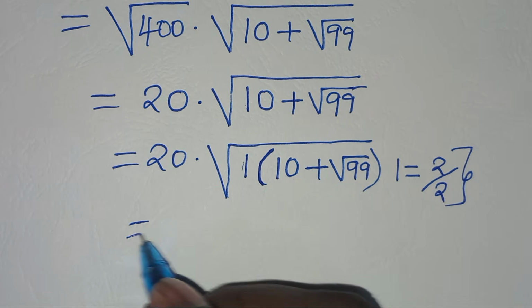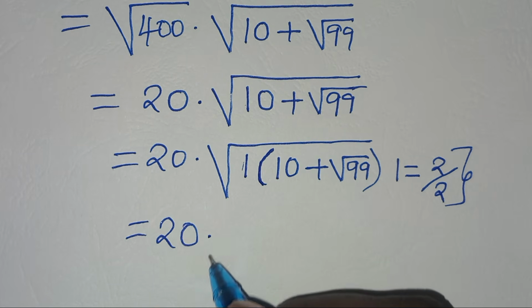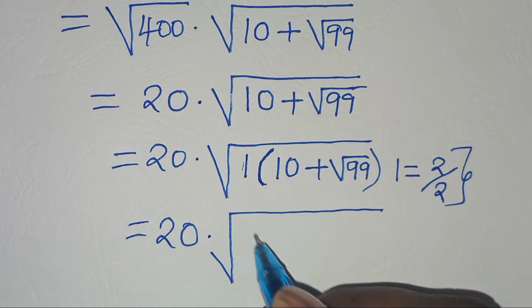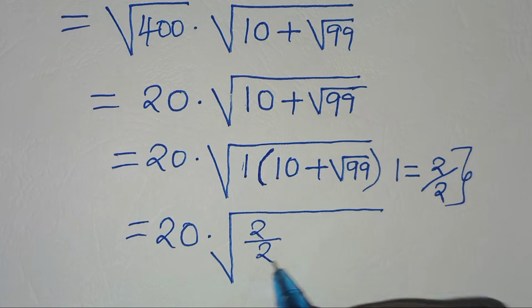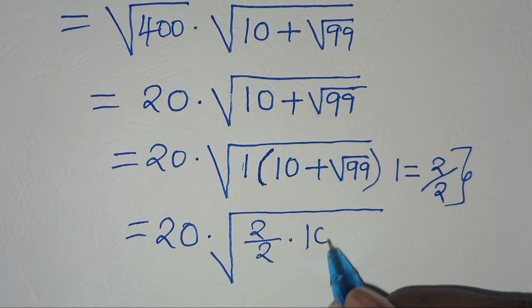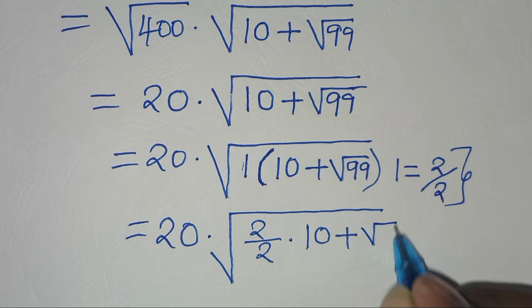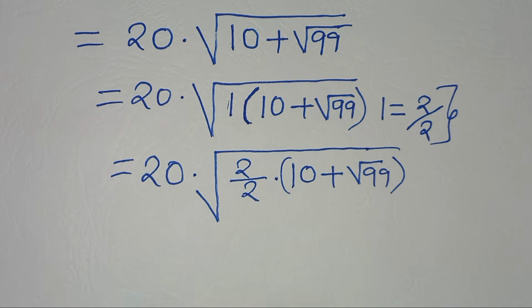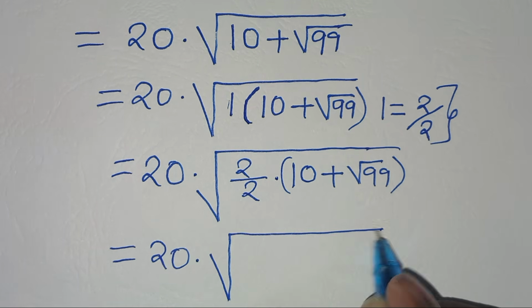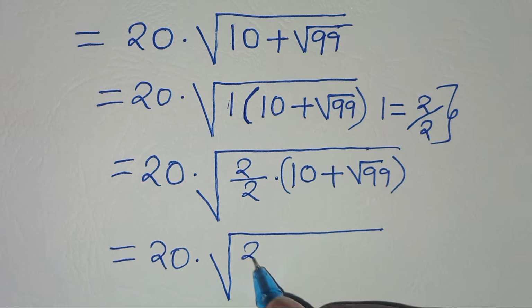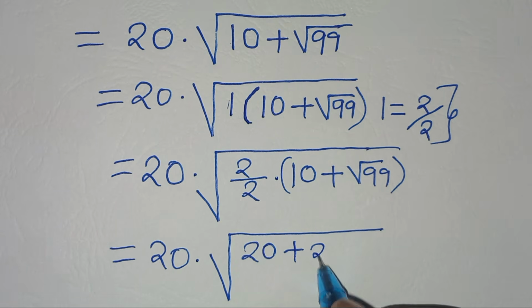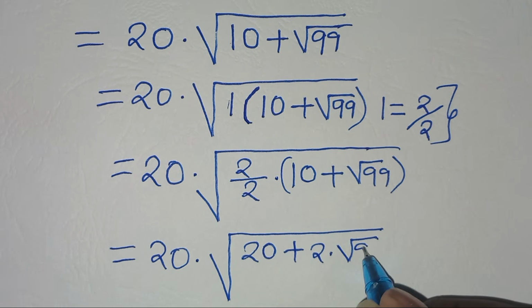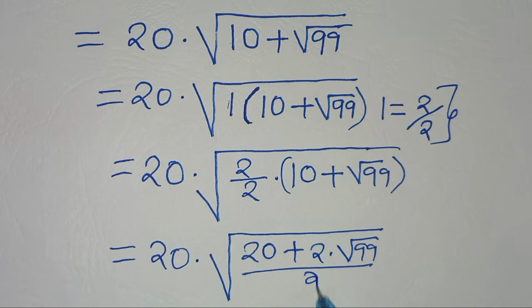This means that we have 20 multiplied by the square root of 2 over 2 multiplied by 10 plus the square root of 99. So we have 20 multiplied by the square root of 2 times 10, this is 20, plus 2 multiplied by the square root of 99, divided by 2.